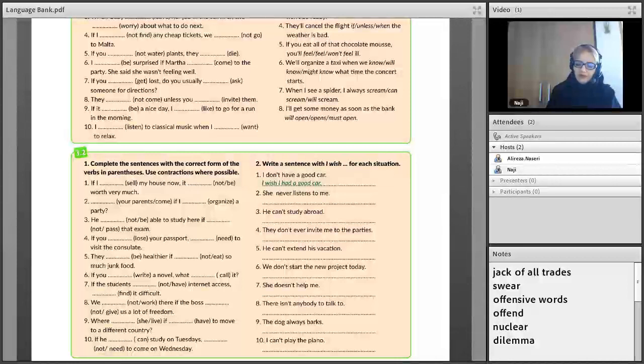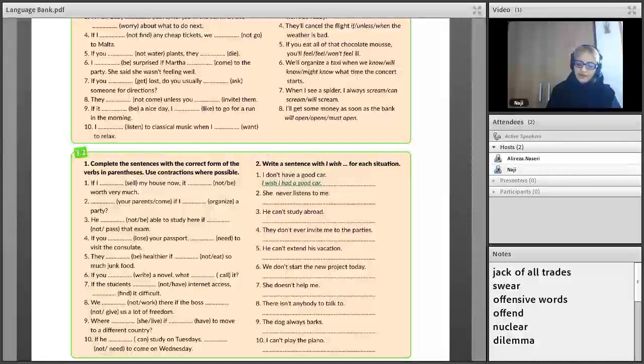Number four, if you lost your passport, you would need to visit the consulate. Number five, they would be healthier if they didn't eat so much junk food. Number six, if you wrote a novel, what would you call it?